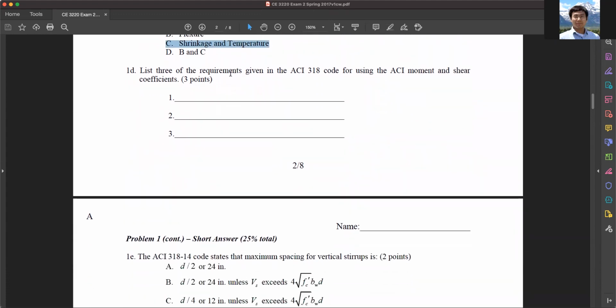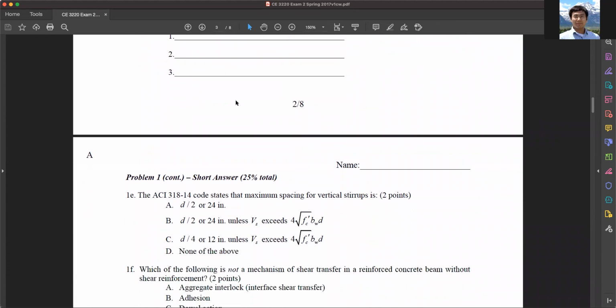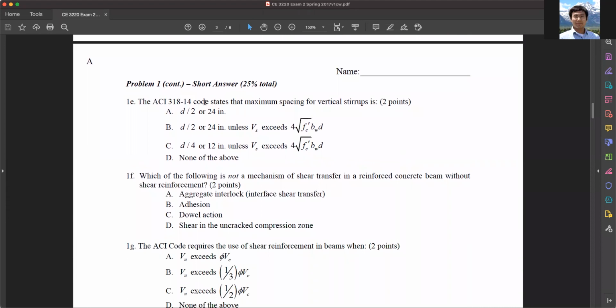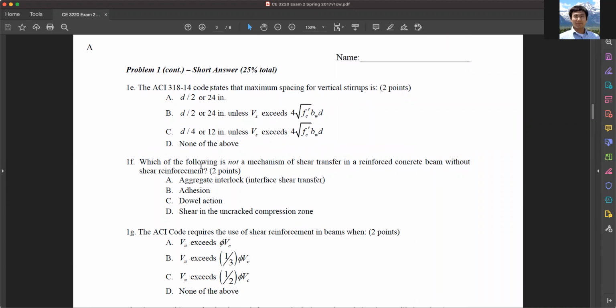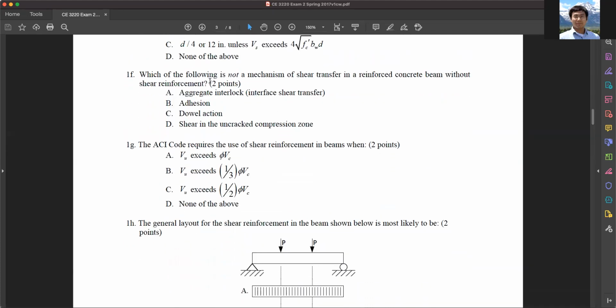All right, so 1D lists the 3 requirements given by ACI 318 code for using the ACI moment and shear coefficients. There are 6 requirements in the lecture notes, and you just have to pick 3. Okay, 1E, this is 14, now it's 19. ACI 318-19 states that the maximum spacing for vertical stirrups is A, B, C, D. You have the equation, you can figure it out. 1F, which of the following is not a mechanism of shear transfer in a reinforced concrete beam without shear reinforcement?